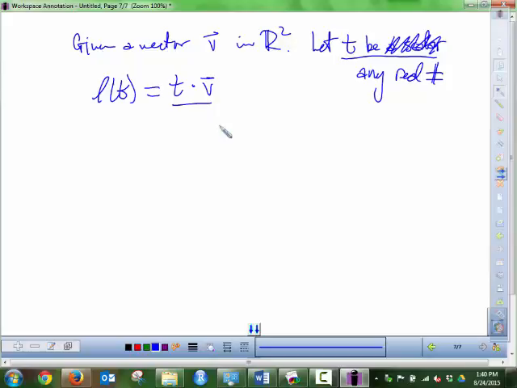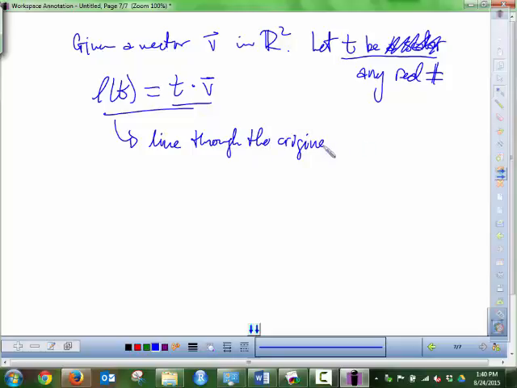So this is one way to create a line. What we have here is a line. So this is a line through the origin, passing through the vector v.